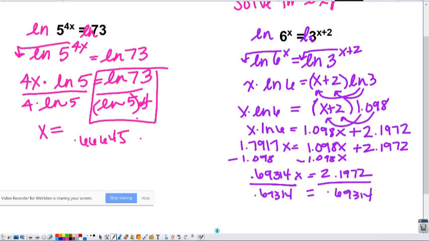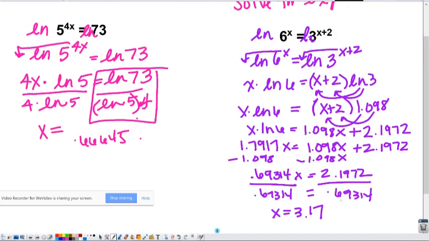I'm going to take 2 times the natural log of 3 divided by 0.69314. I got x equals 3.17. Yours may be a little different depending on what you rounded to.